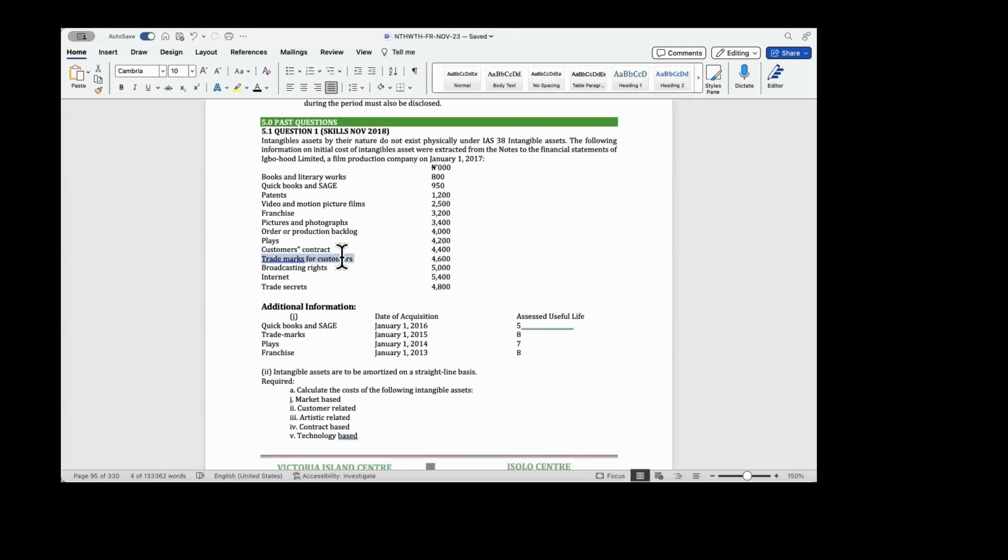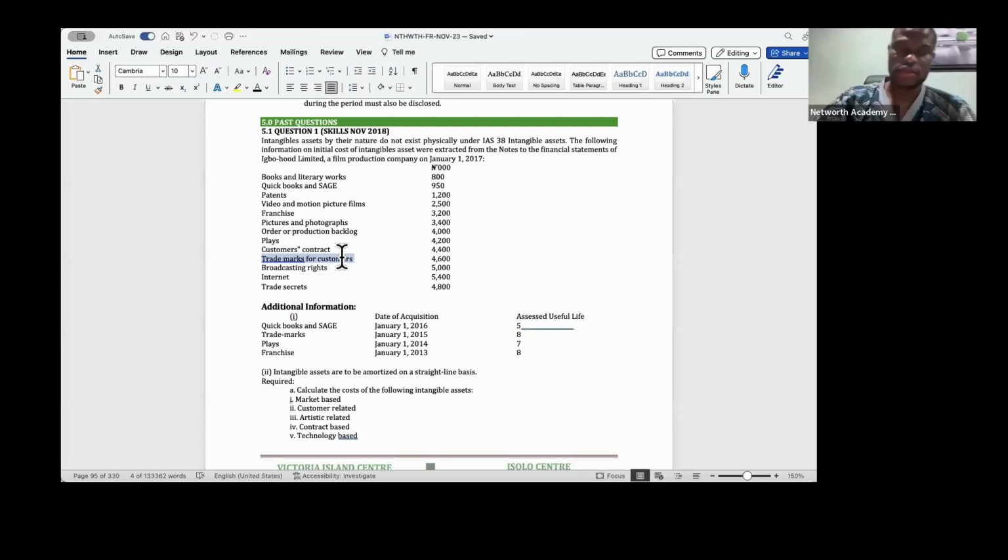It's a trademark. It's customers that bring royalty to the company. It's what you are known for. Okay, yeah, I think I agree with that. Let's put that as market based. Broadcasting rights. Let's put it as contracts.